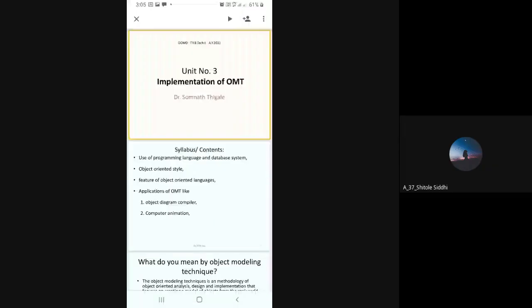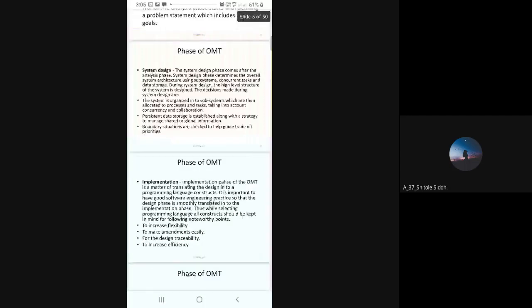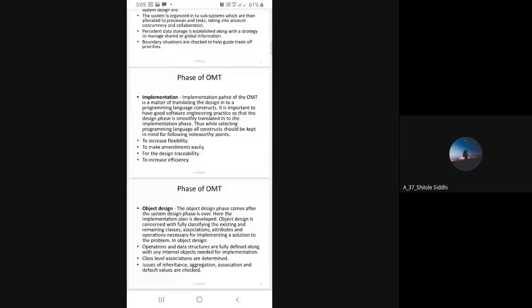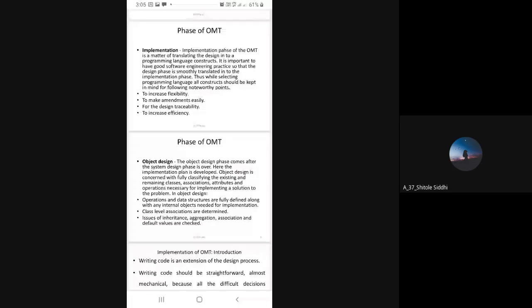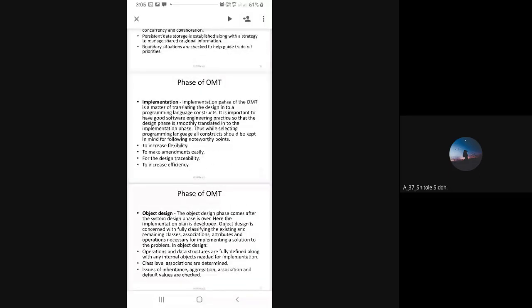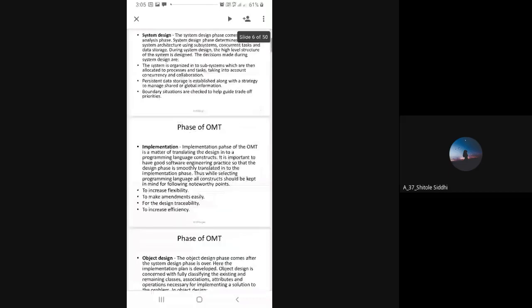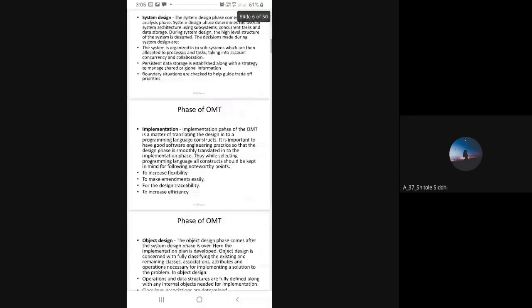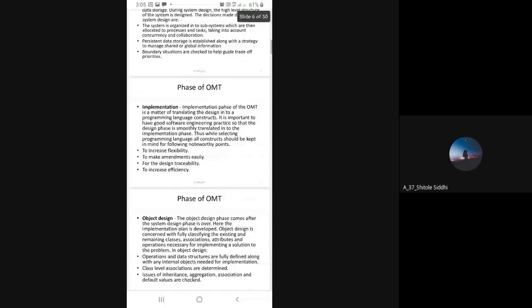So these are the different phases of object-oriented modeling and technique. Simply remember them in terms of the analysis part, the system design part, then the implementation part, and next the object design part.